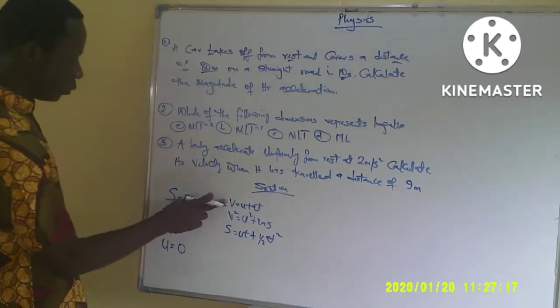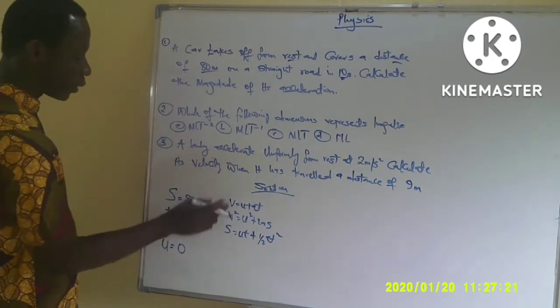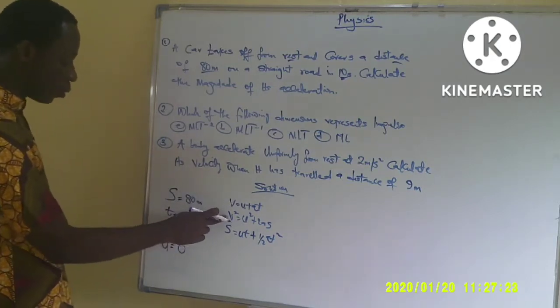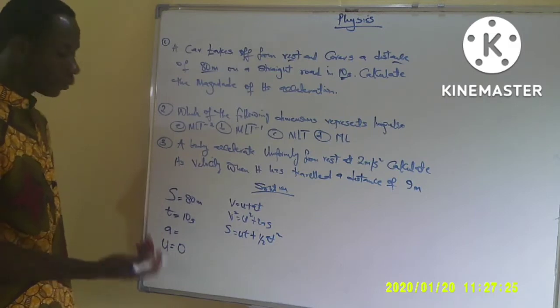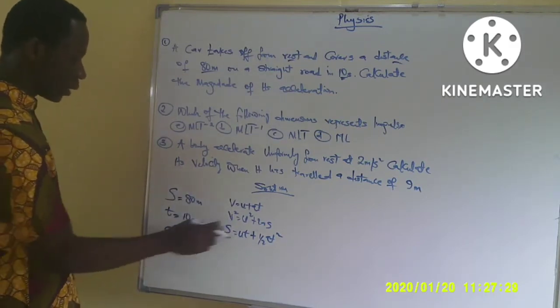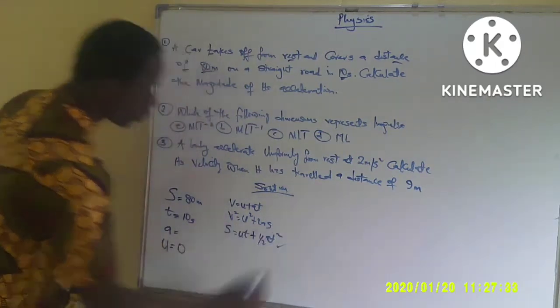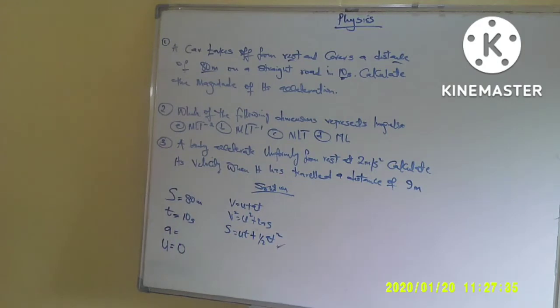Equation 1 has no x, no s. Equation 2 has no t. Equation 3 has x. It has u. It has t. It has a. So the perfect equation is what? Equation 3. So we are going to use equation 3 to solve this question.